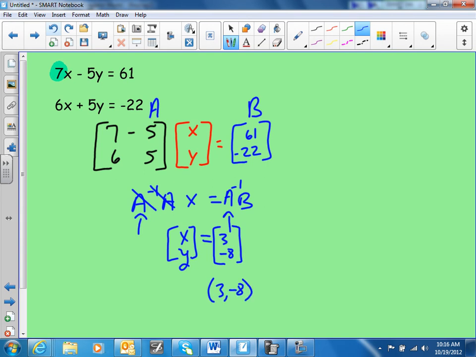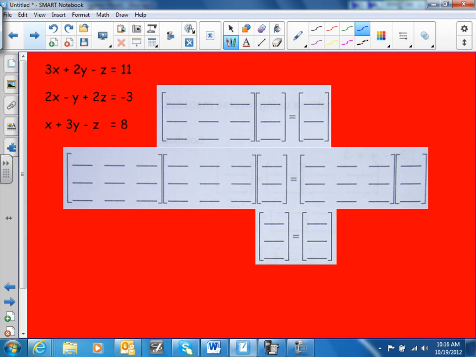Okay, next problem. Same problem, except this one is a 3 by 3. In this 3 by 3, I'm going to do the same matrices. 3, 2, negative 1. 2, negative 1, 2. 1, 3, negative 1. Notice, those are all the leading coefficients.